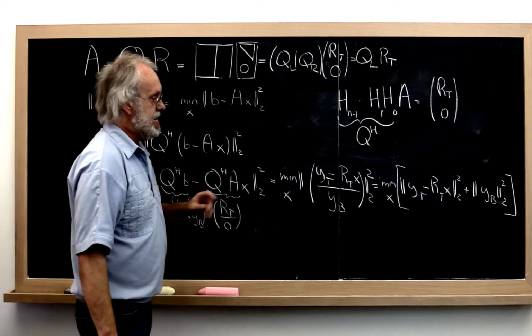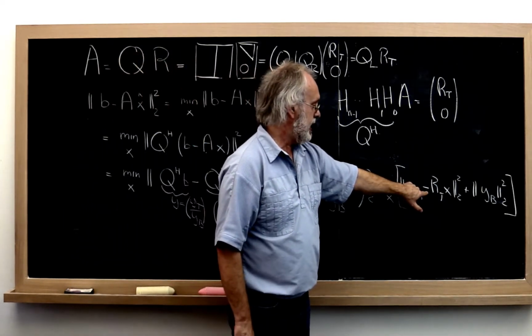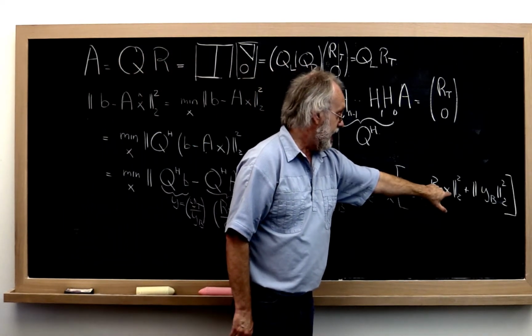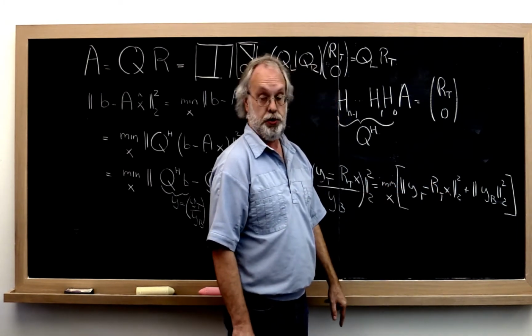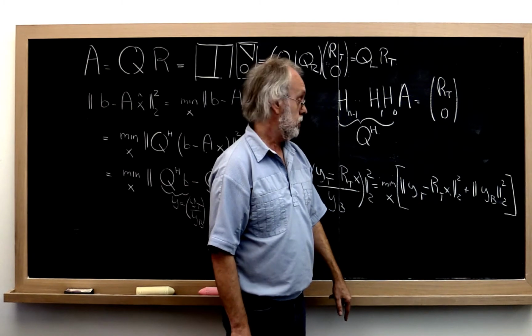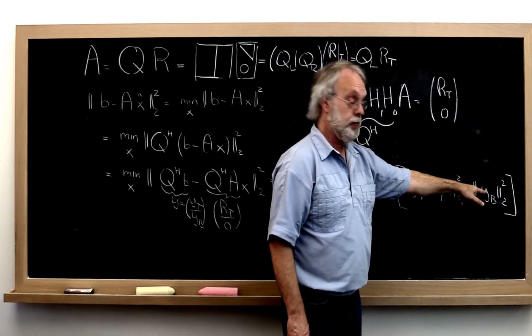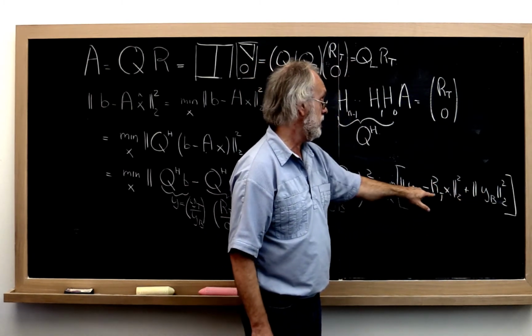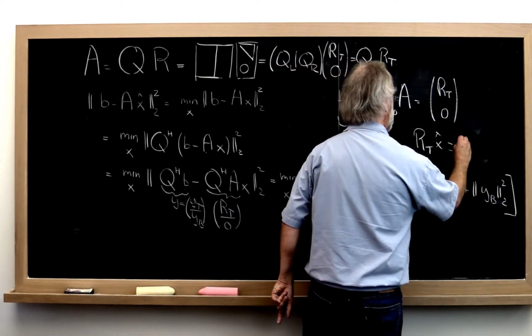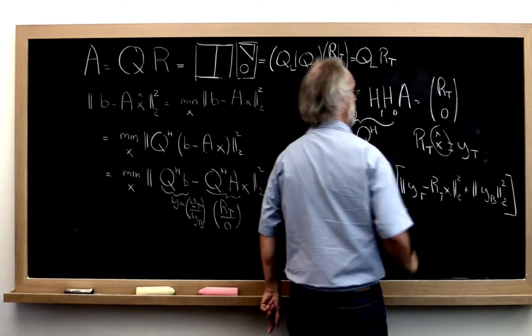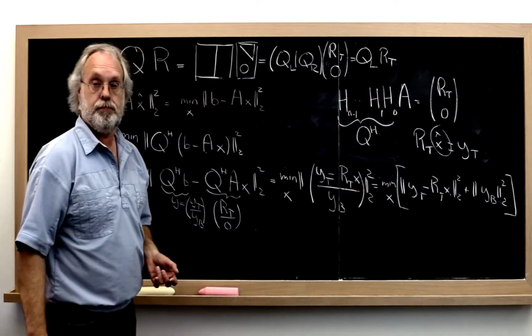And then this can be exactly solved, and the x that solves this gives you the optimal solution. Because this we can't do anything about. But this we can make equal to 0 by solving R top x hat is equal to y top, and that x hat then is the optimal solution.